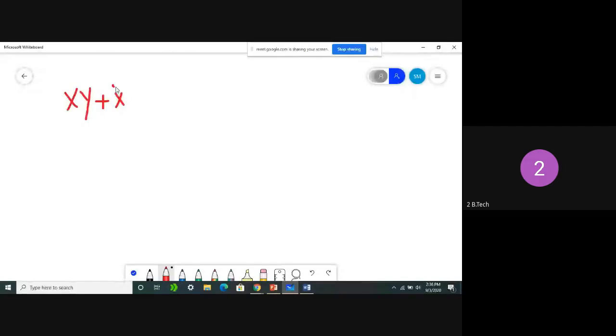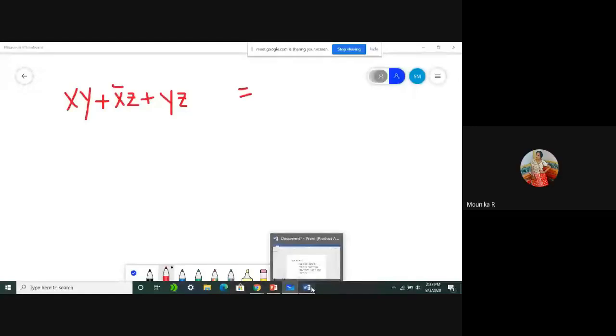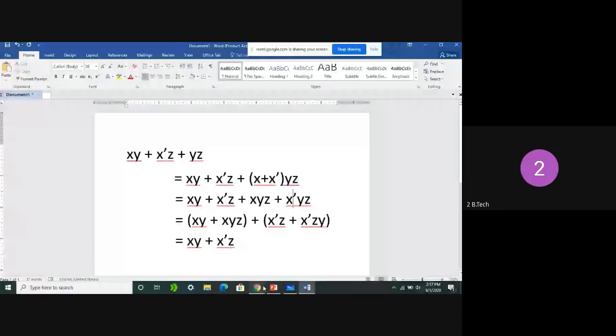On the LHS we have xy plus x bar z plus yz. See here, one beautiful logic we can find after solving this one. What is the final term? yz, sir. So what we need to prove is that this is equal to, what the law says, xy into x bar z plus x into.